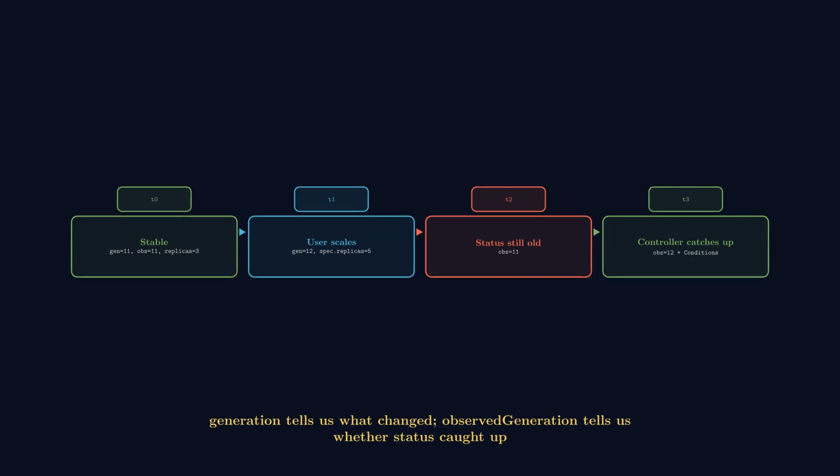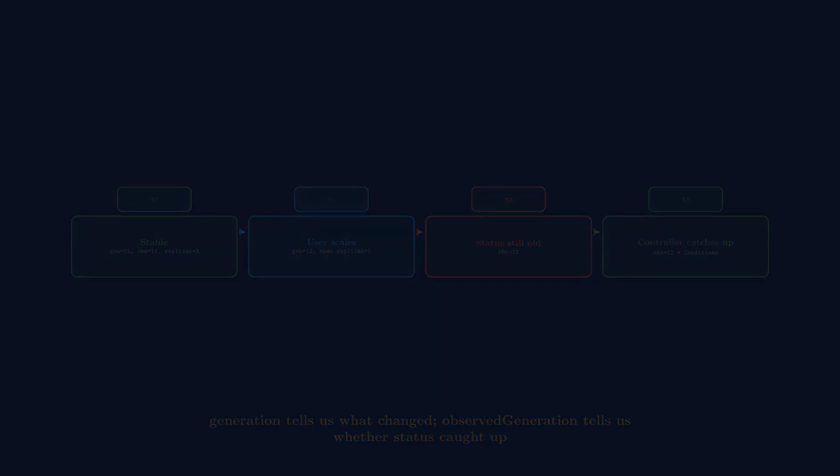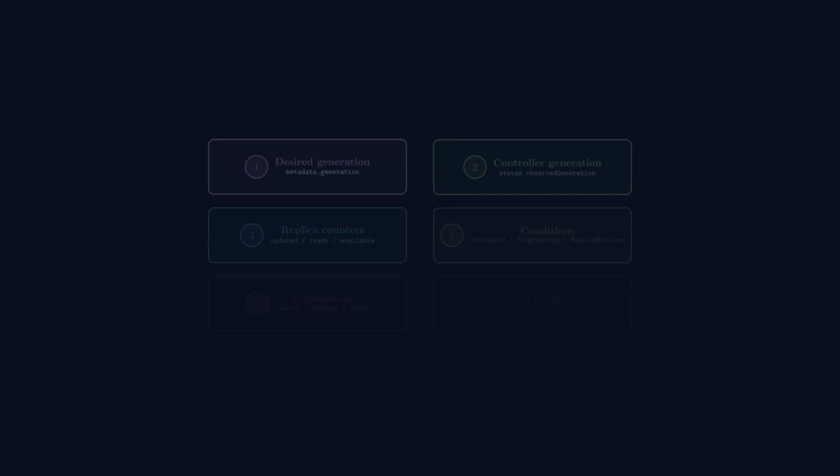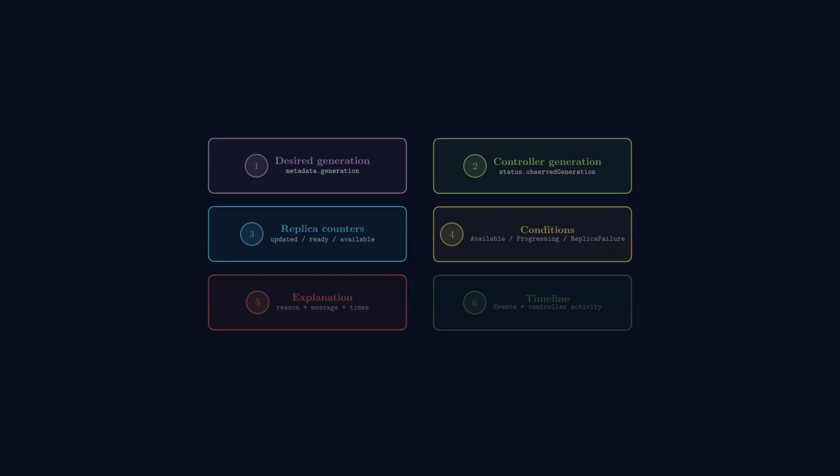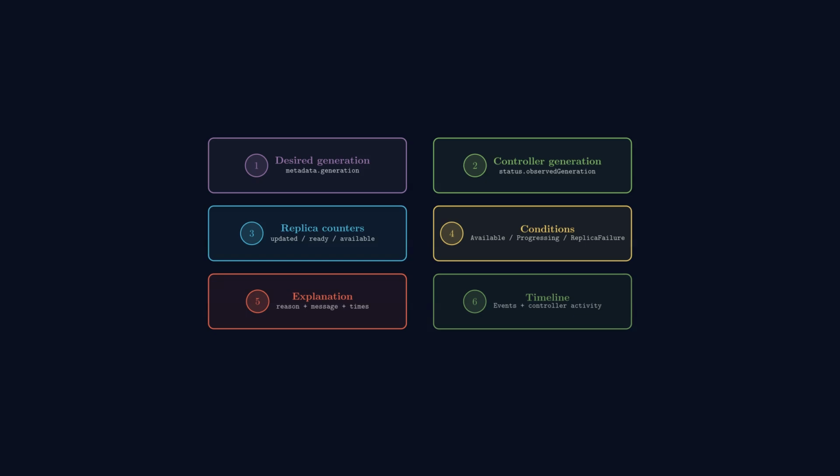In production, this gives us a practical debugging checklist. First, compare metadata generation with status observed generation. Then check updated, ready, available, and unavailable replicas. After that, inspect available, progressing, and replica failure conditions, especially their reason and message.